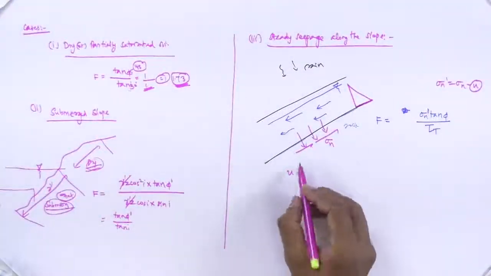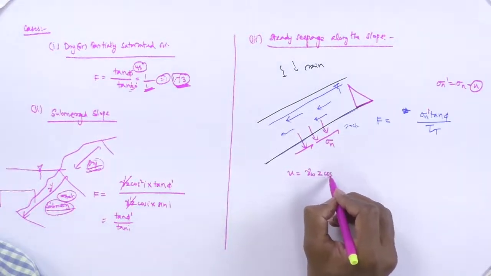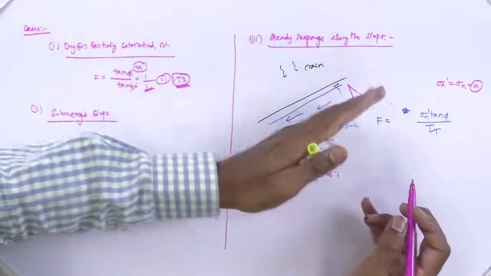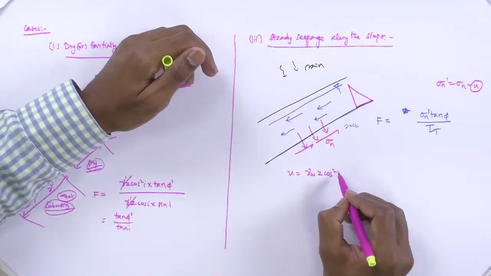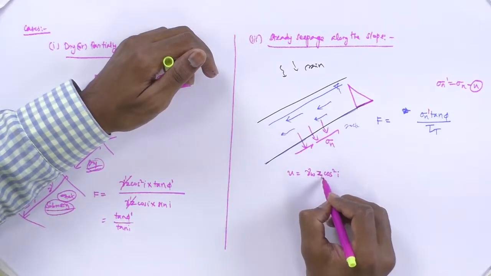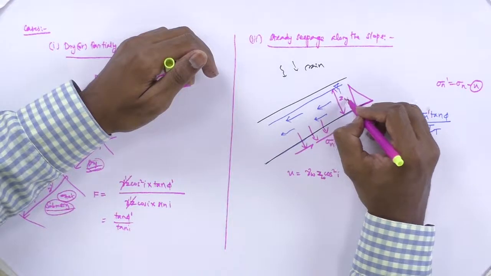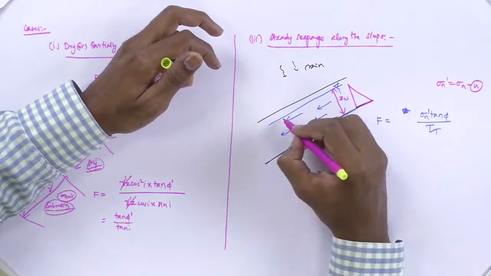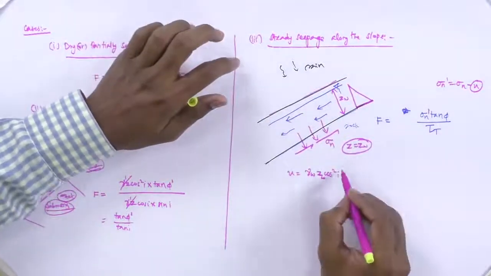So if you are calculating like this, this u is going to become gamma w z cos square i, which is the pore water pressure in this direction, opposing the normal stress direction. So here gamma z is given and this z value is going to be zw. So what is the depth of pore water? Whereas we consider this z equals zw, which means this water is flowing at full level, let us say. So z is going to be zw.